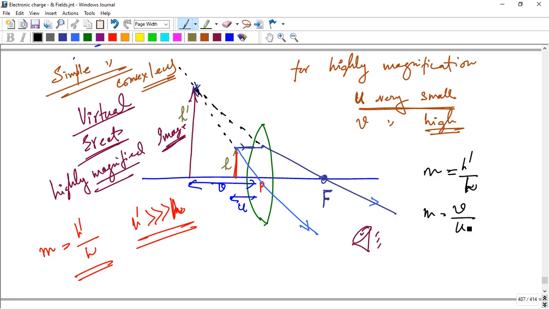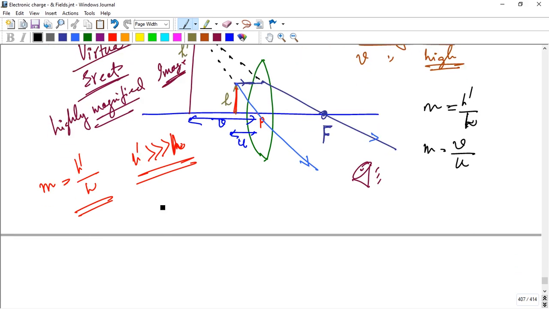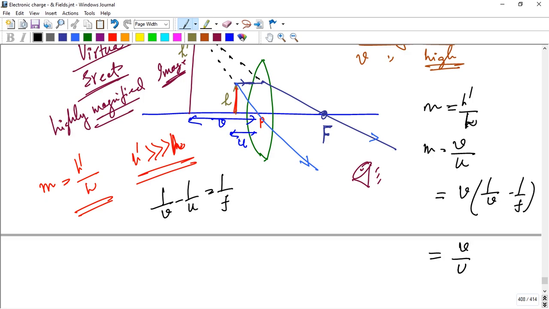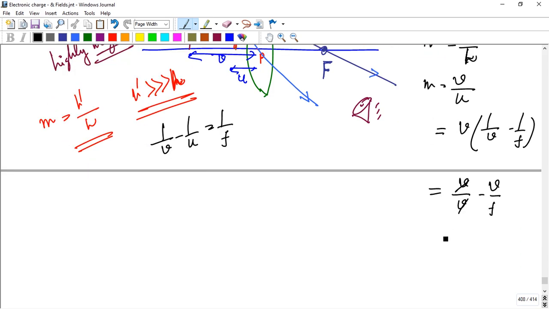And we know from the thin lens formula, 1 by v minus 1 by u equals 1 by f, so 1 by u equals 1 by v minus 1 by f. So v by v minus v by f, cancel these two terms. So 1 minus v by f, that's the magnification.